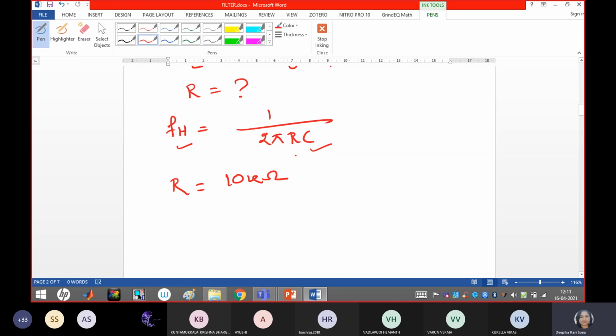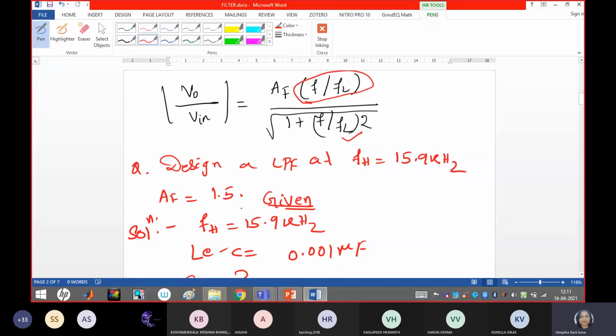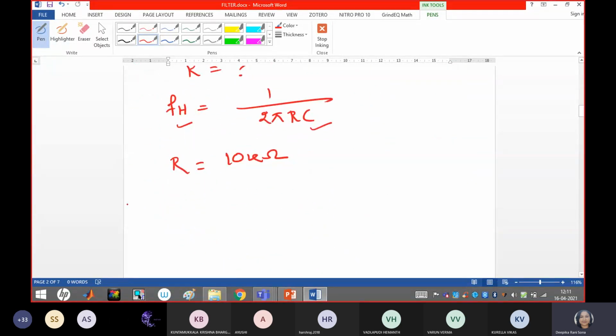So R is known, C is known. What about R1 and RF value? Here in the question, guys, a passband gain of 1.5 is given. It means AF is 1.5, right? AF value is given as 1.5. It means 1 plus RF by R1. So what should this value be so that we can meet 1.5?